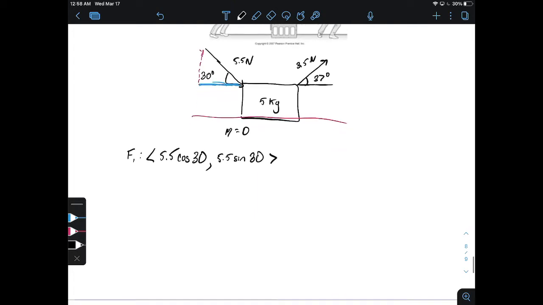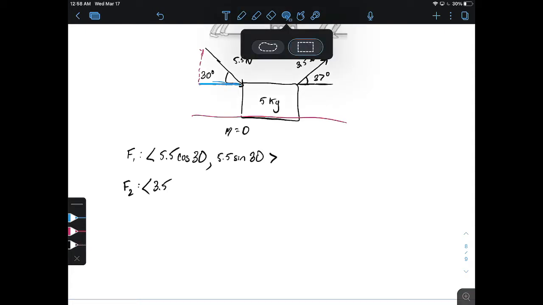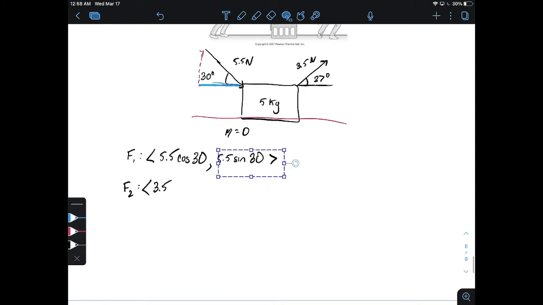Cool. Now we're also going to put F2, and that's going to be 3.5. Actually, I messed up. What I forgot to note is the direction. That's my bad. What we have to keep in mind is where is everything going.